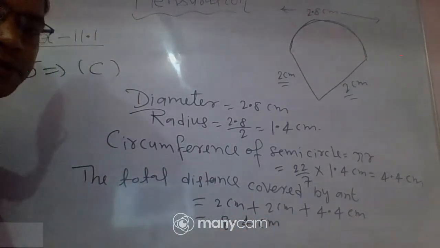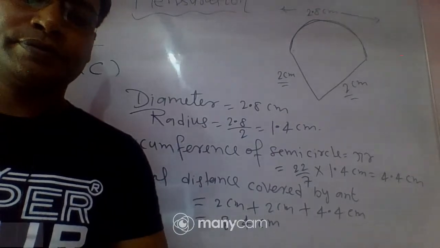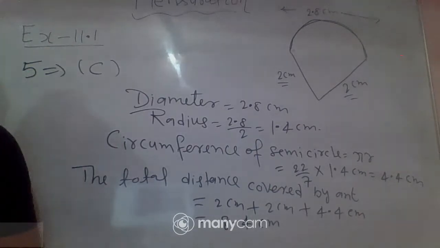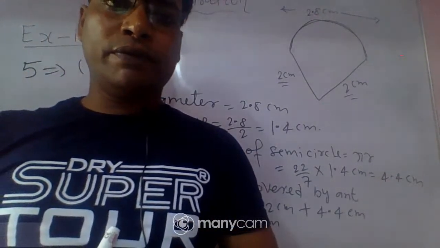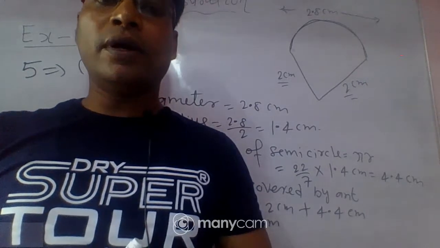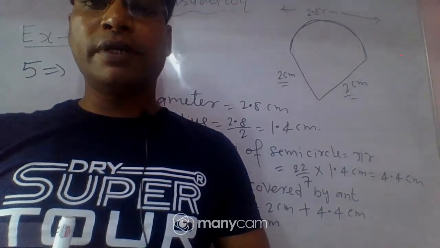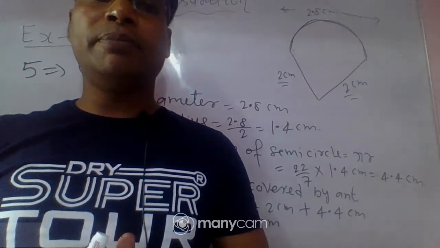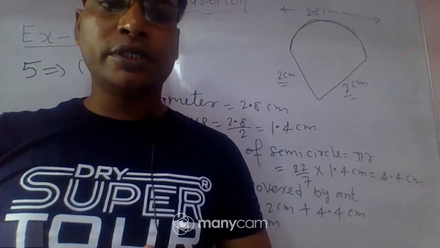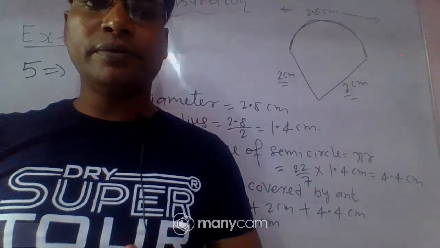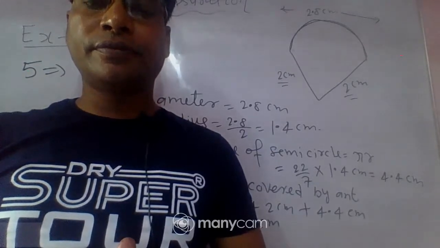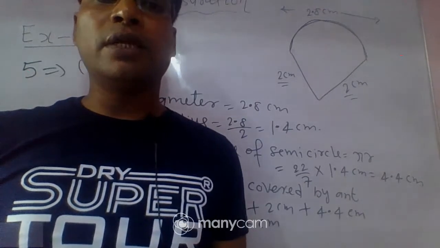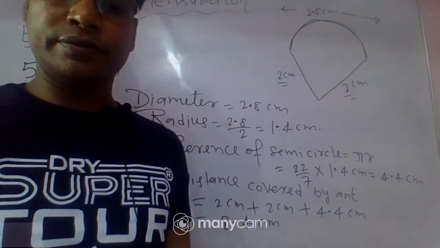Clear? This is equal to 8.4 centimeters. So students, I hope all of you know how to find the distance covered, and the perimeters and areas of any plane figures. In this way we complete exercise 11.1, and tomorrow we will discuss the next topic.